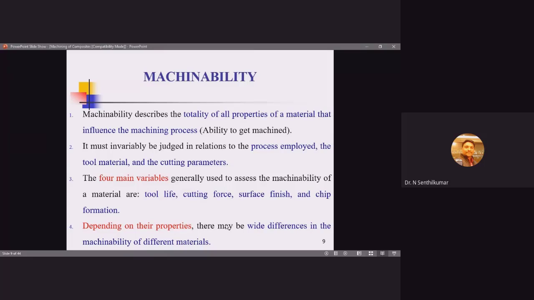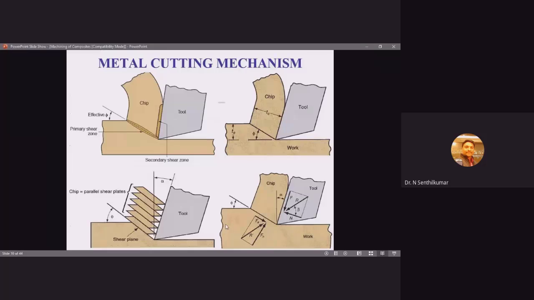Will the two machinability indexes be the same? No, because a higher amount of reinforcing phase is there in the 10%. The mechanical properties will tend to change, and the interface bonding strength will tend to change. So different materials have different machinability indexes.